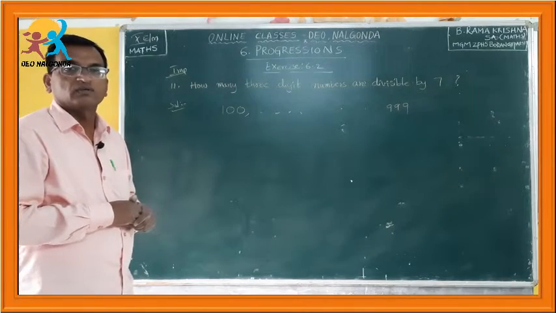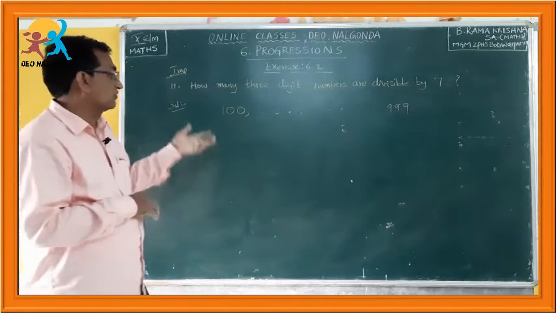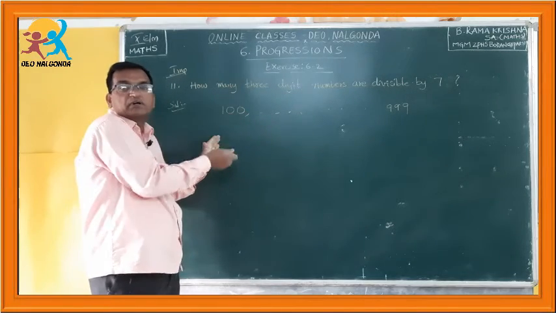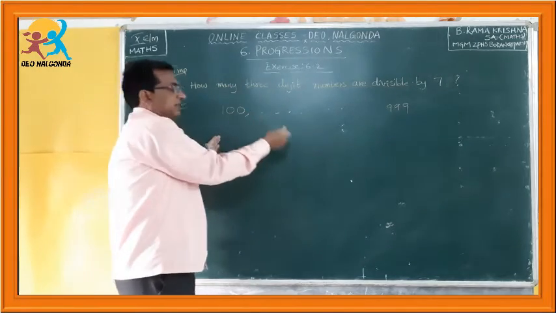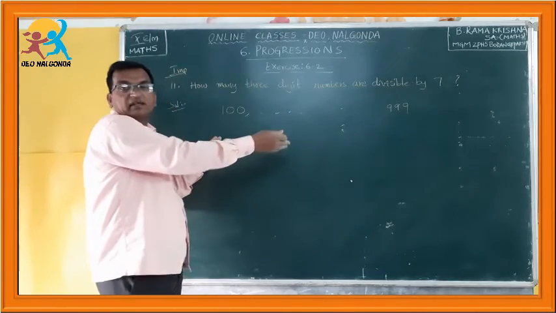So, first of all, what you have to do is find the first 3-digit number that is divisible by 7, and the last 3-digit number that is divisible by 7.